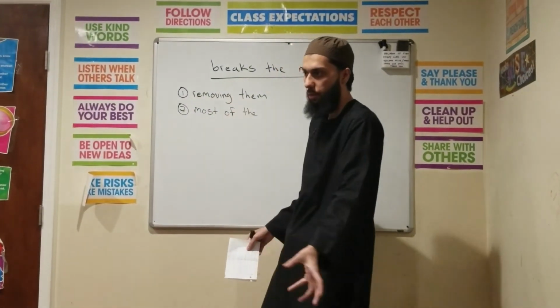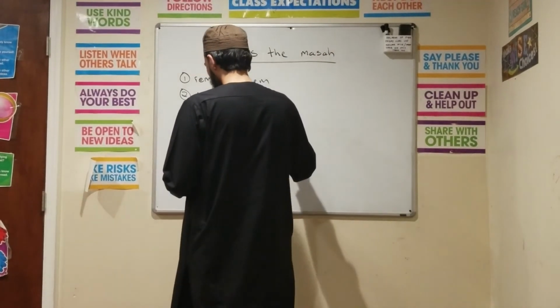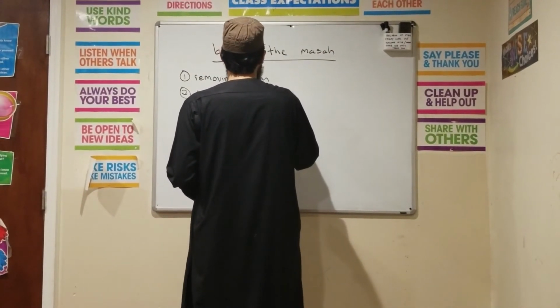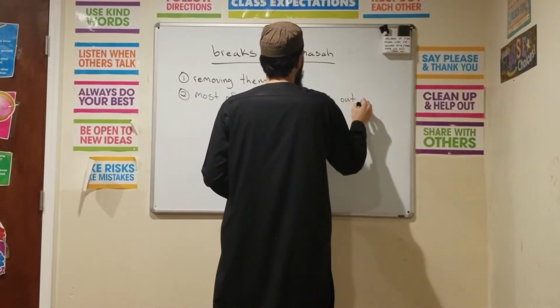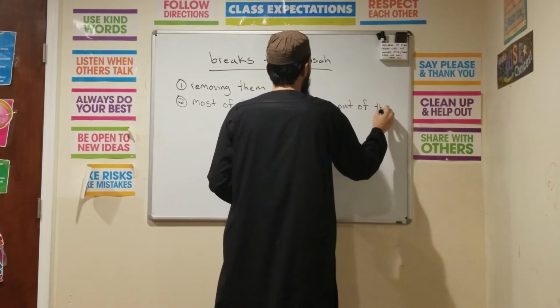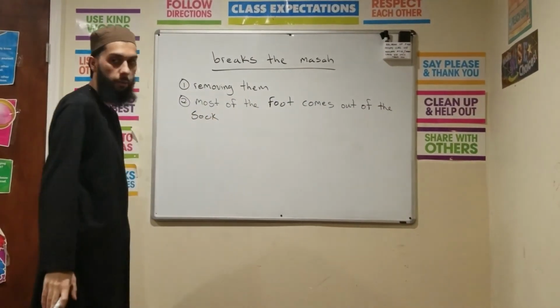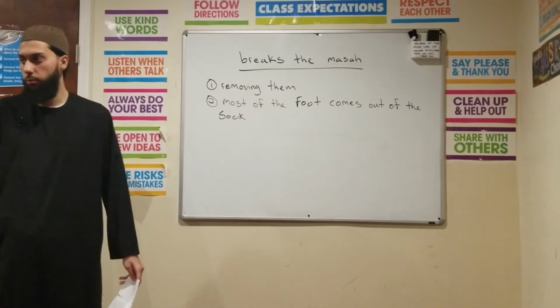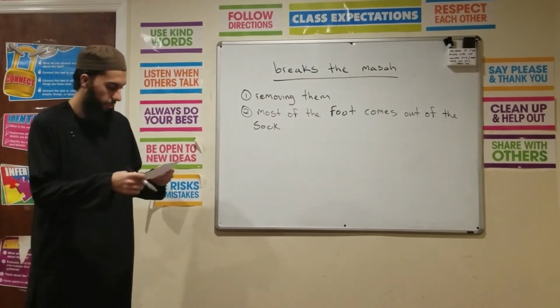You'll consider that basically you removed the sock. So you can't do masah on the socks anymore. And that only applies for that foot that happens, right? No, it's both. If you remove one, then you have to remove the other one. Or you can't wash and do masah on the other one.